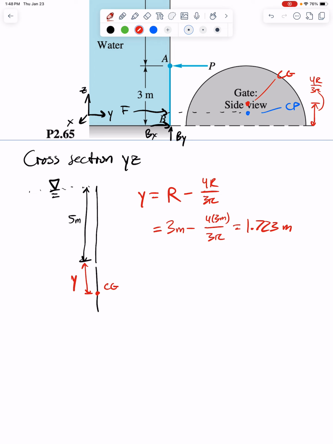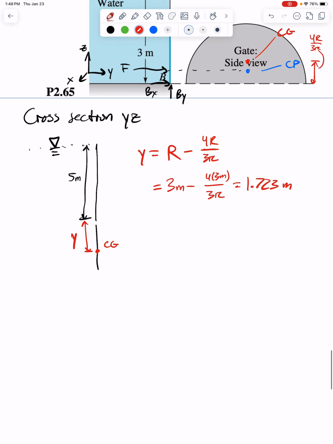So with all my terms, I get the fluid column height sitting above my centroid, which is 5 meters plus y, or 5 meters plus 1.727 meters, which gives me 6.727 meters of water sitting above my centroid.